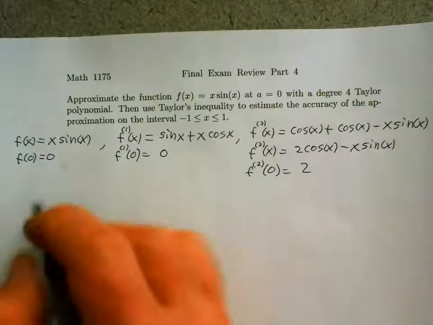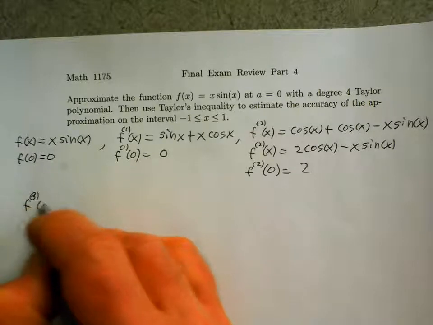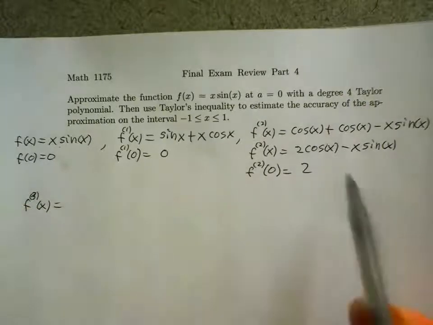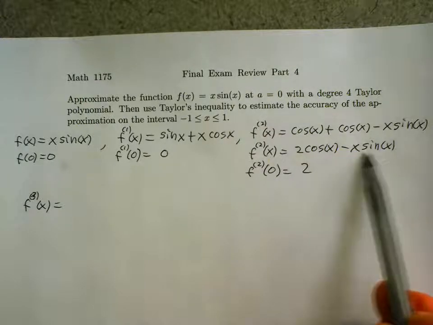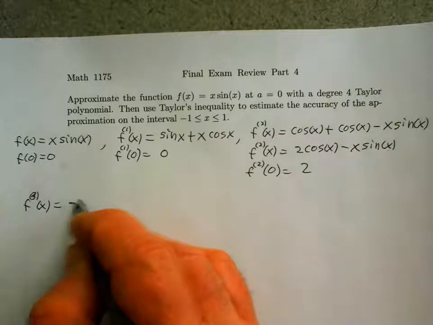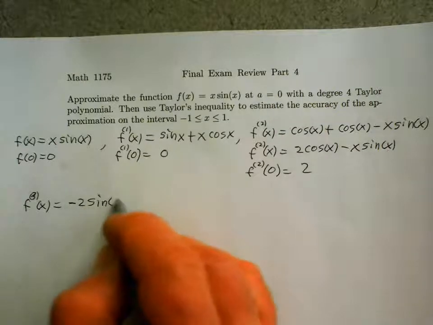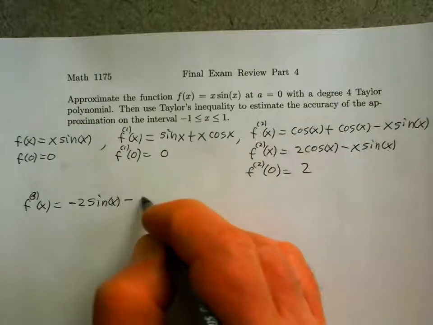And then the third derivative, so take the derivative of 2 cosine of x minus x times sine of x. So this time we get negative 2 times sine of x. Then use the product rule again, we get minus sine of x.